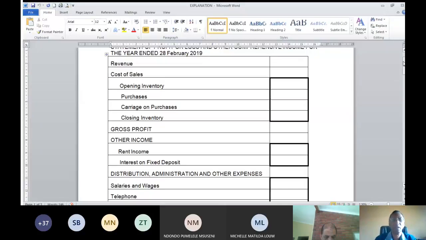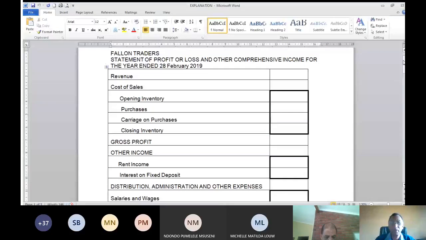Right. The name of the business on top, statement of profit and loss and other comprehensive income for the year ended, and then we will start with our revenue amount. To calculate the amount of revenue, we are looking for the net revenue. So revenue is equal to the sales amount.